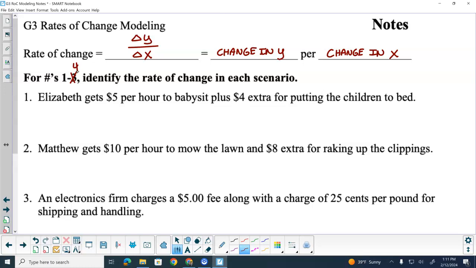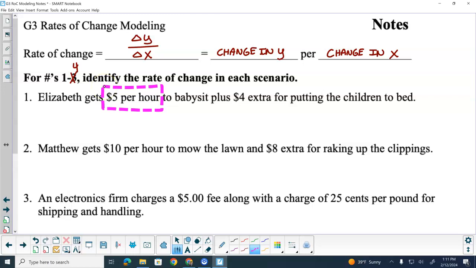Elizabeth gets $5 per hour to babysit, plus $4 extra for putting the children to bed. What is the rate of change in that story? $5 per hour is the rate of change. So you're just going to circle that one.